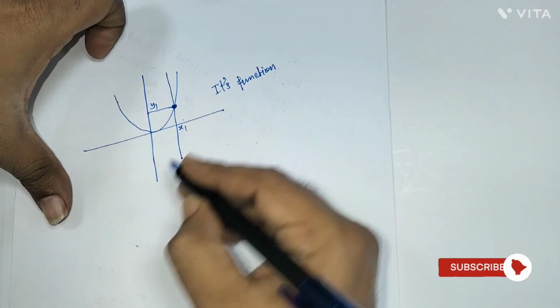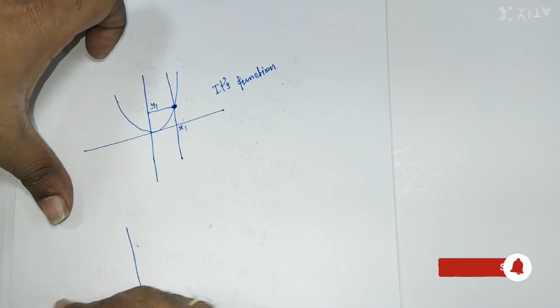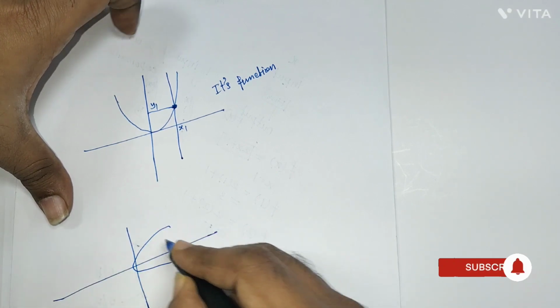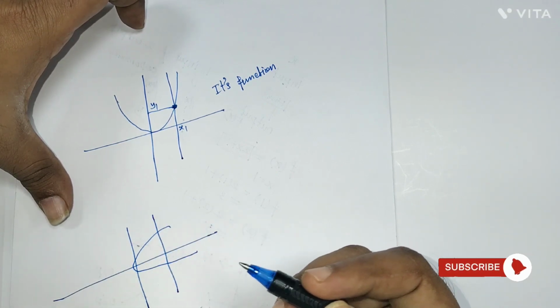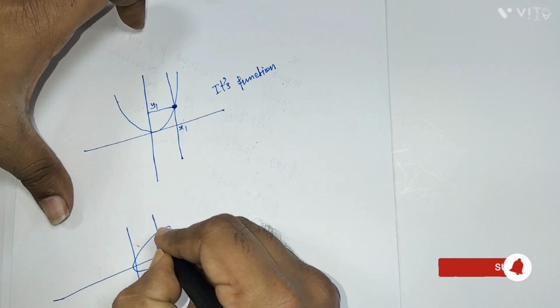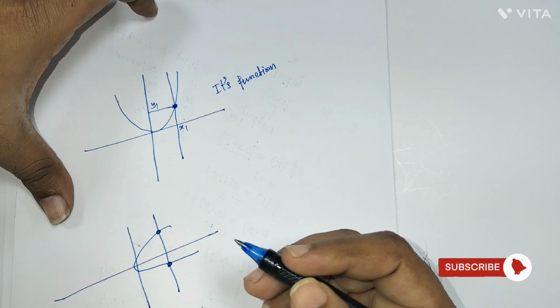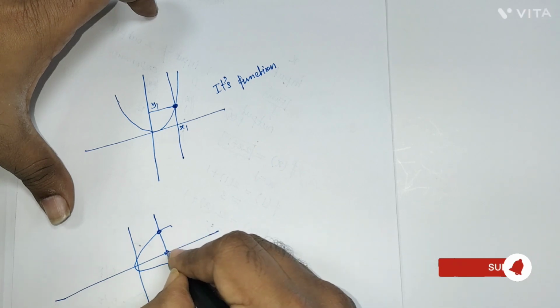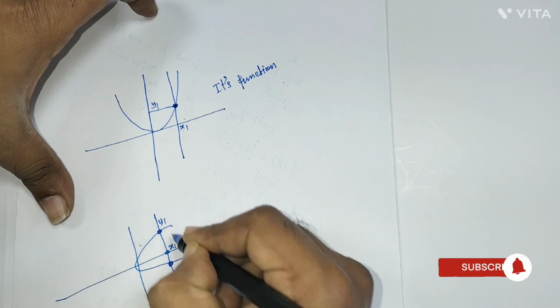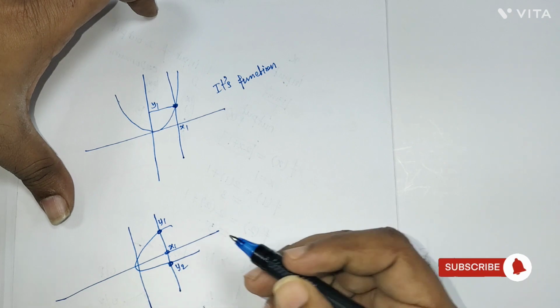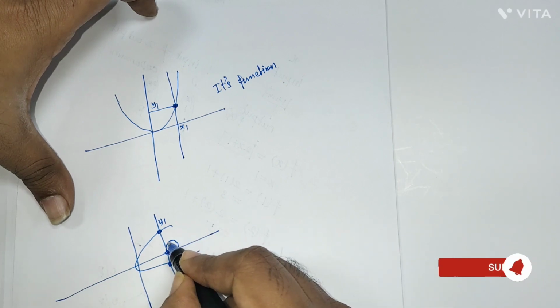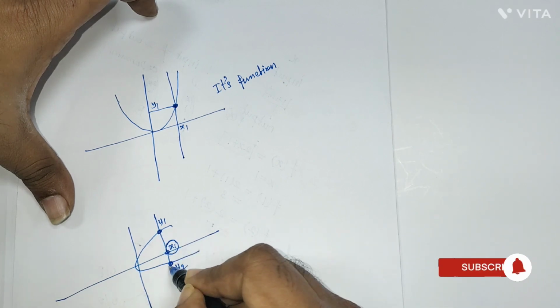The second graph, I'll take this one. The vertical line meets the graph at exactly 2 points. Okay, so this is x1, this is y1, y2, right? When I give the input x1, it gives two outputs.